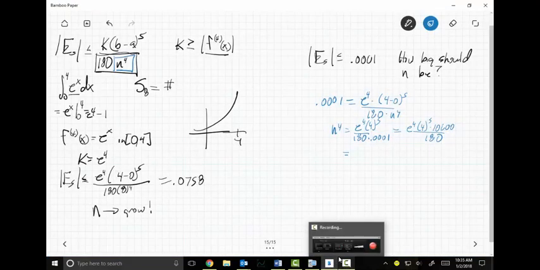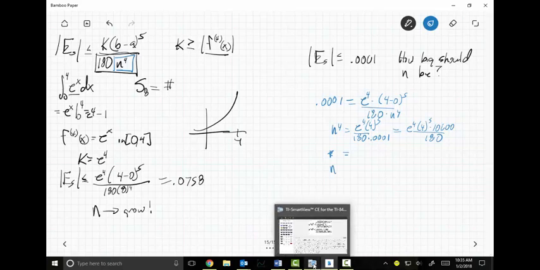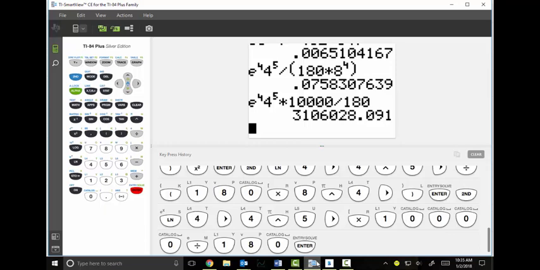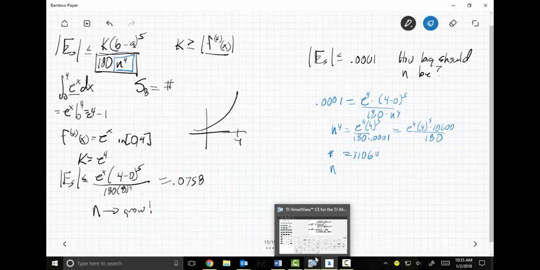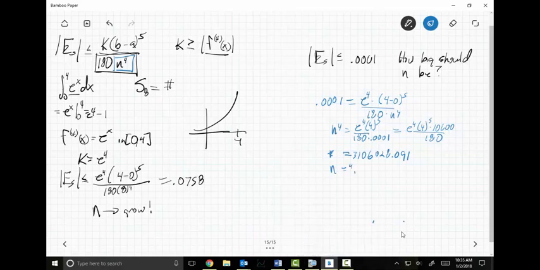This is equal to a big number. So if I want n, what was that number again? It's approximately 3,106,028.091, which implies that n is equal to the fourth root of 3,106,028.091.